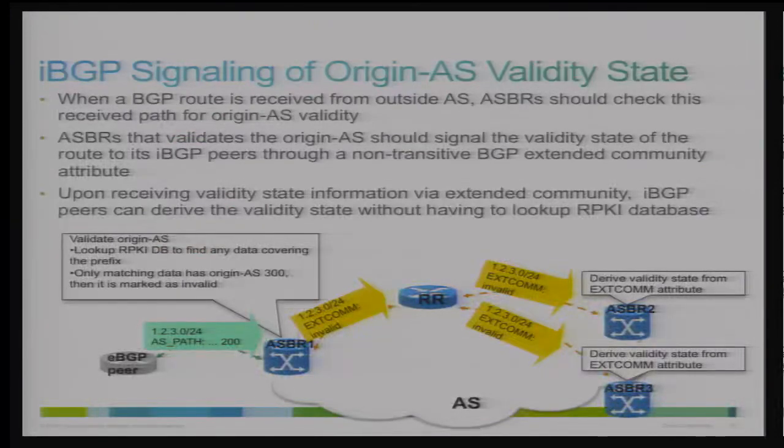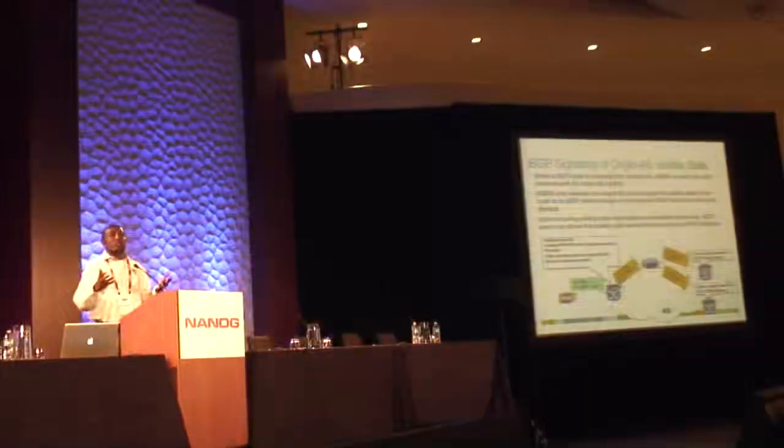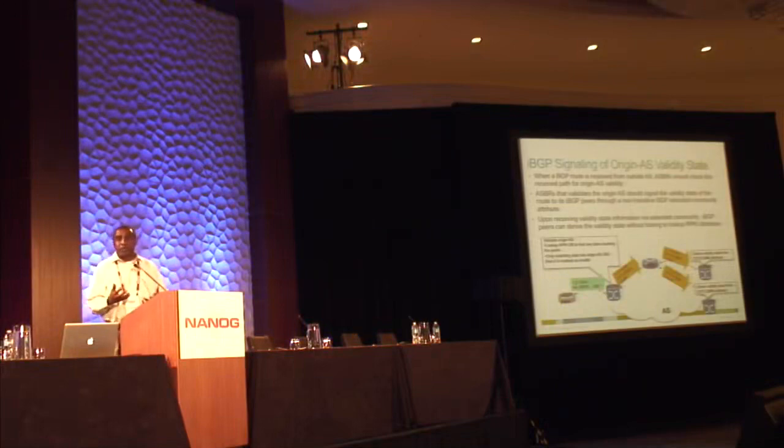Another important thing is the iBGP signaling of origin AS validity. You don't want to check this on every update. You want to check this when you receive routes from your eBGP peers. You don't want to do this when you receive routes from your iBGP peers. But how do you get the information?